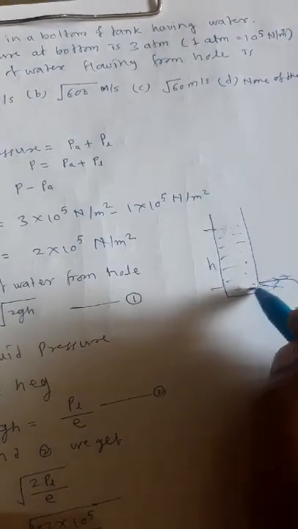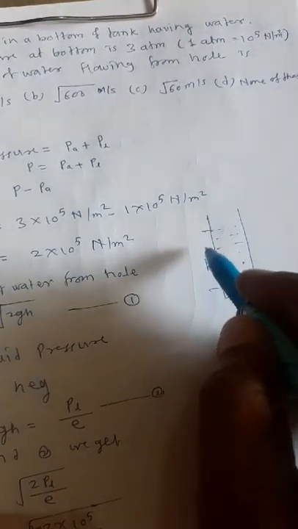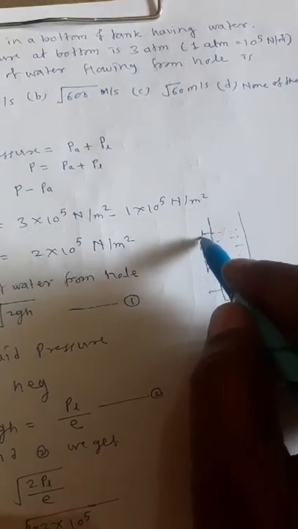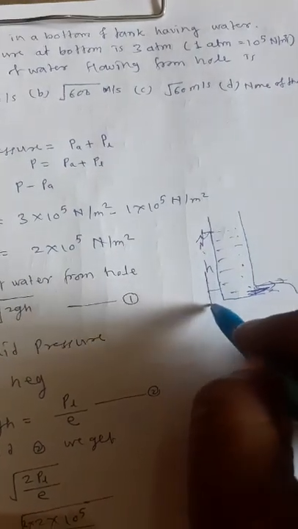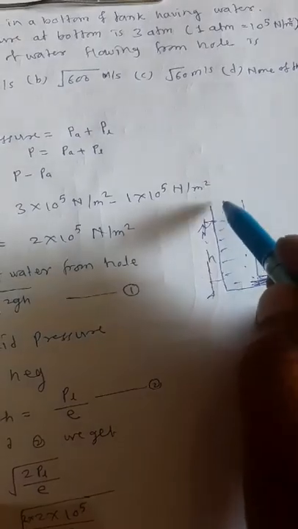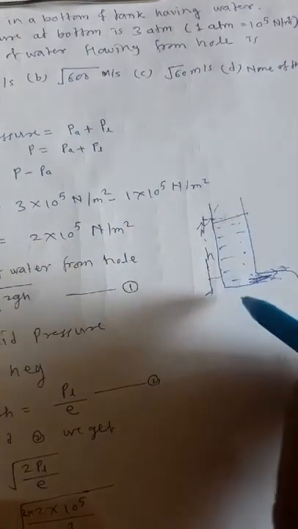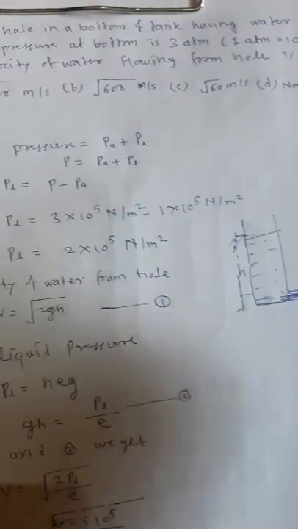Now the hole is at the bottom, and let us consider h is the height of the liquid from the base of the tank.